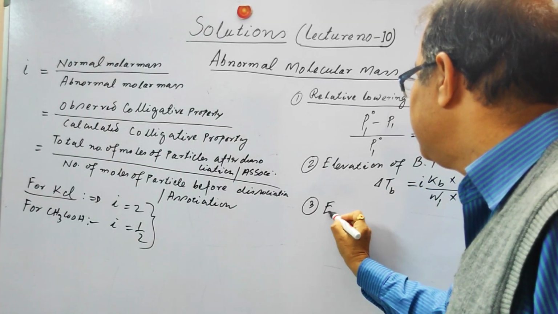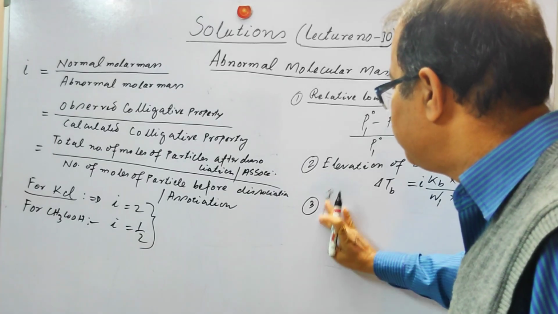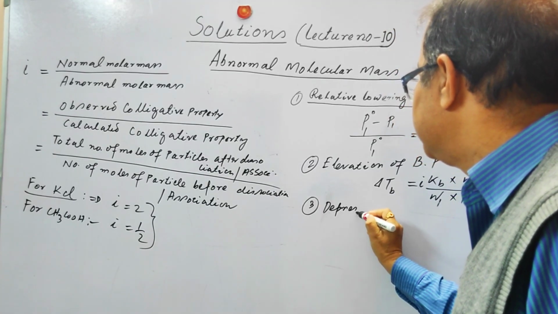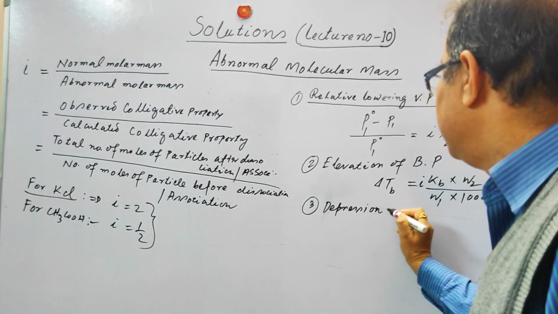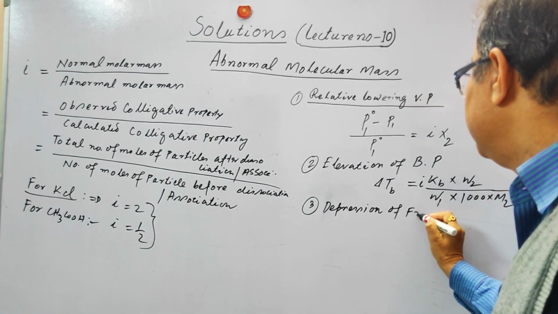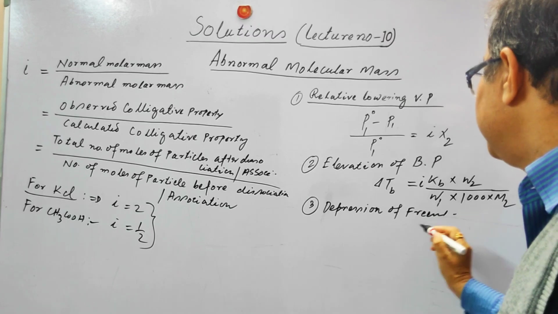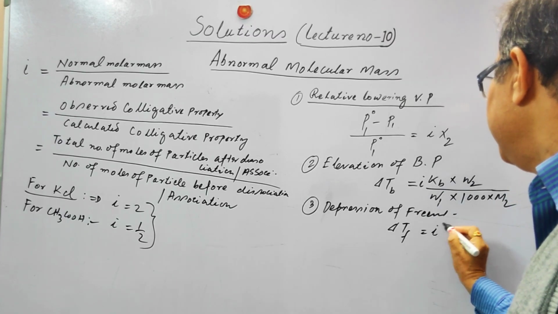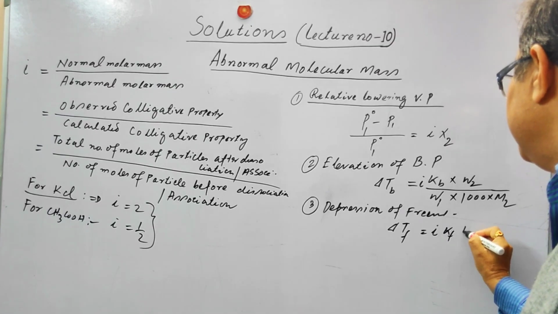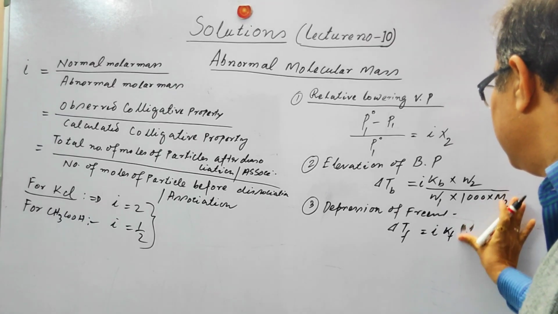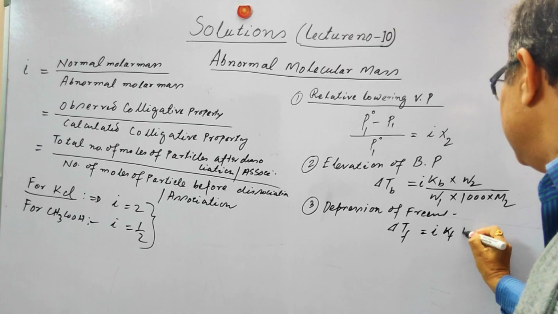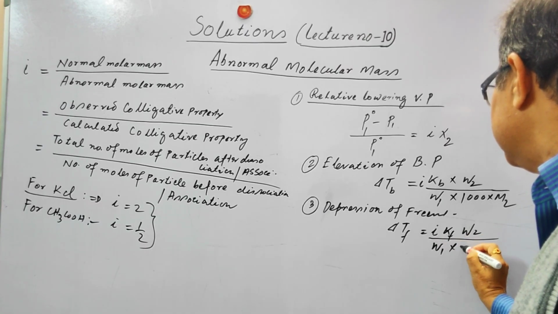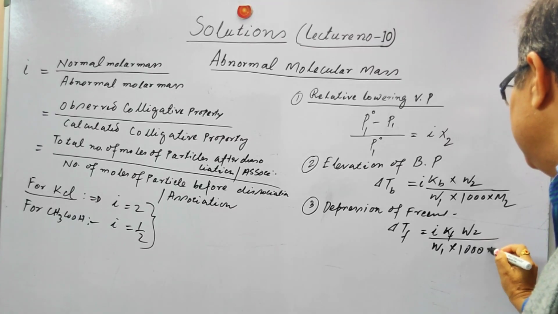For depression of the freezing point, that is delta TF, you will get i KF W2 by W1 into 1000 into M2.